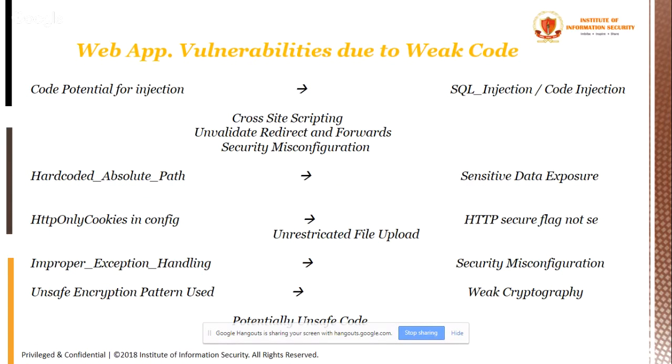Most of the weaknesses we get come from weak code and weak configuration, right? So if an application is running with weak code and weak configuration, 70 or 80% of applications count as vulnerable, count as weak.